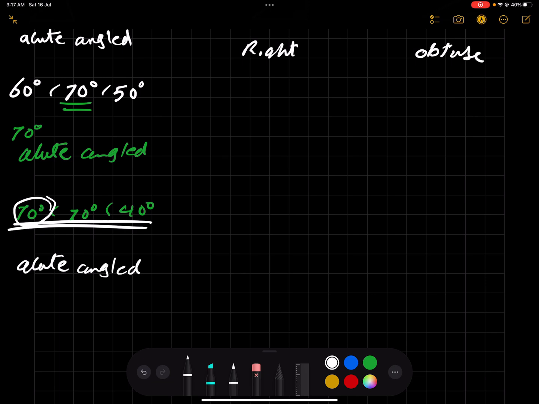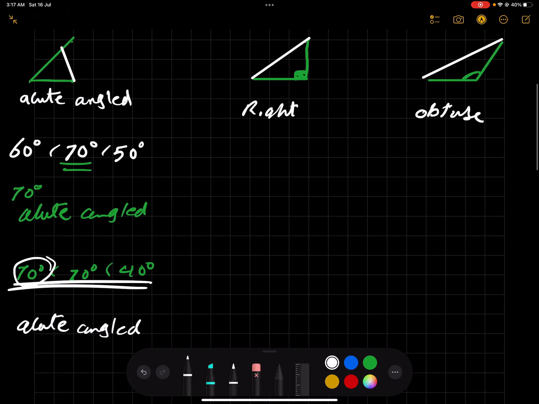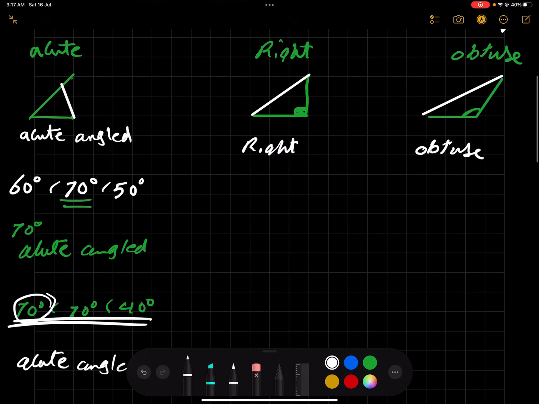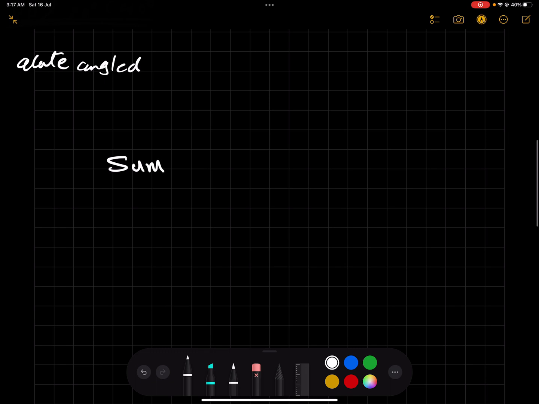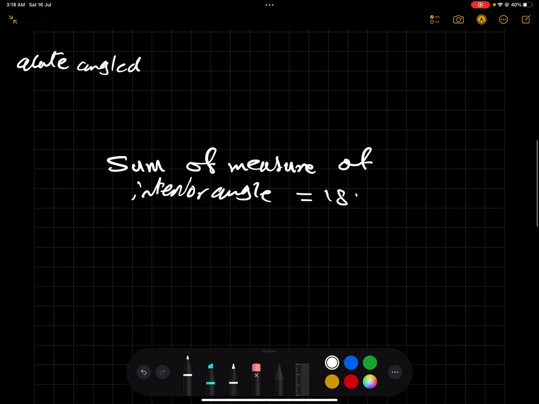And you might be noticing that each time, if you add up all the angles together, you get 180. No matter if the triangle is acute, right, or obtuse, if you add up all the angles together, you will get 180. So the sum of the measures of the interior angles of any triangle is equal to 180.